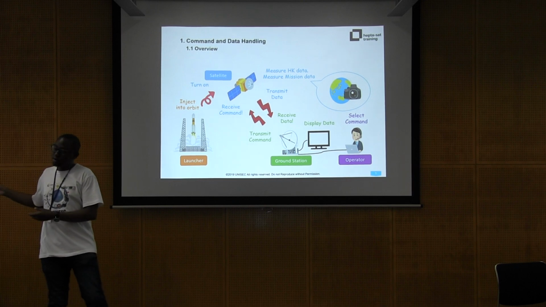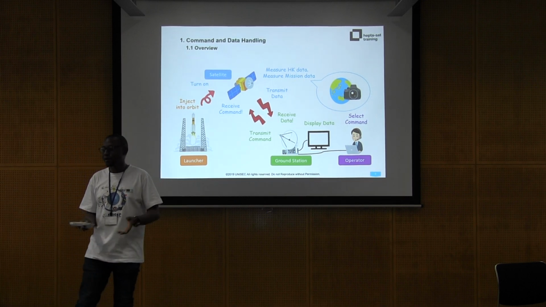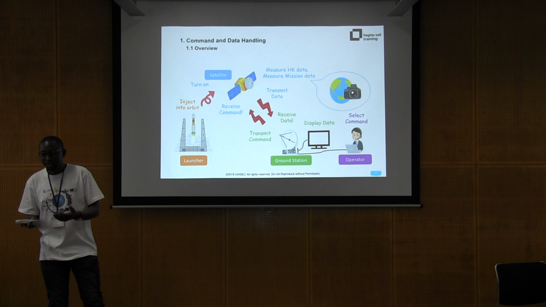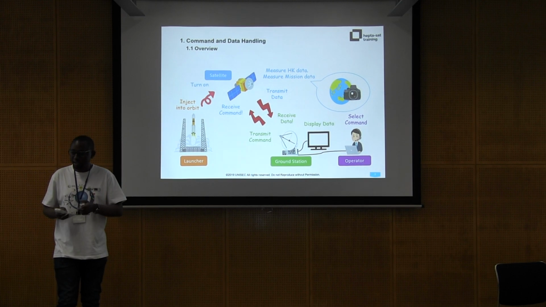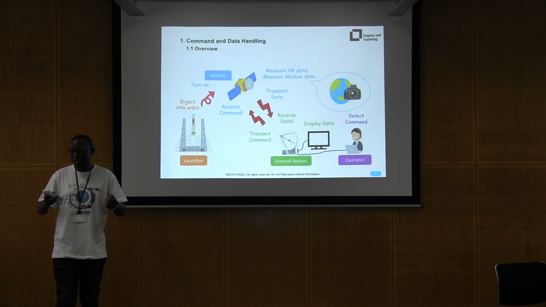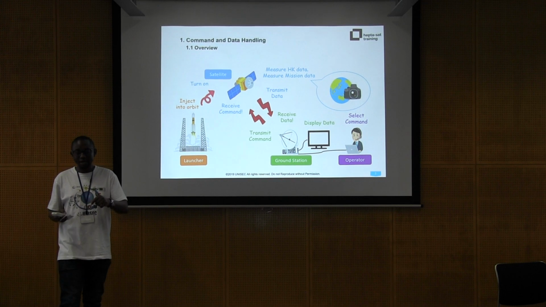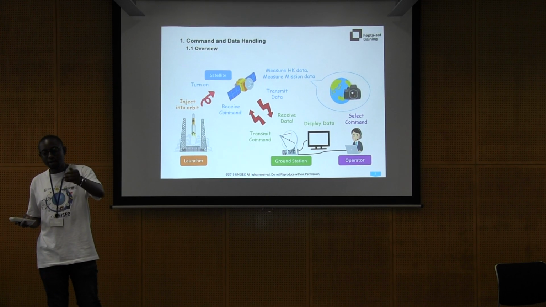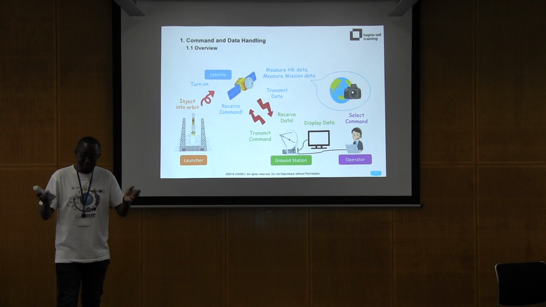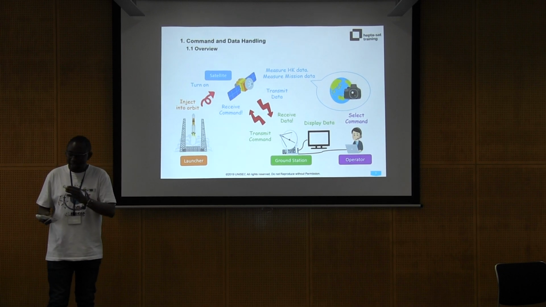For example, my colleague talked about the issue of power, generation of power. The power is distributed to all the other subsystems. But there was one lab where you were changing the brightness of the LEDs.